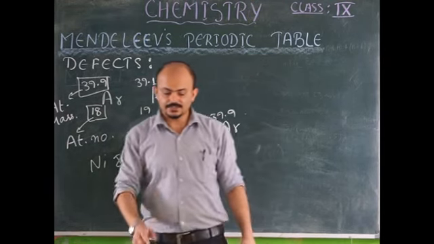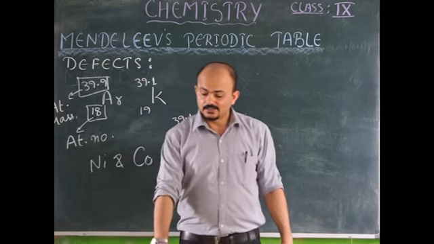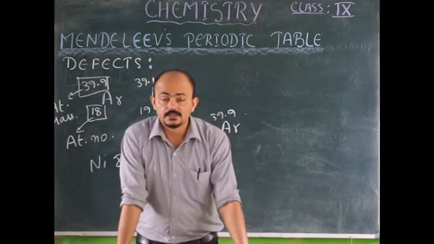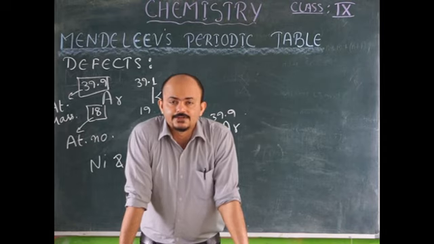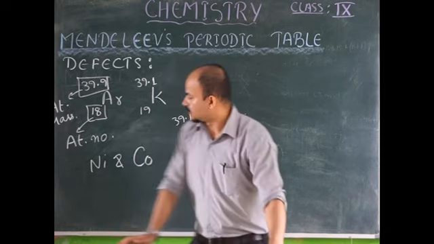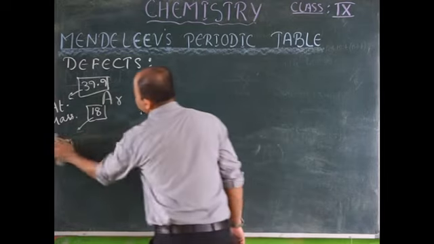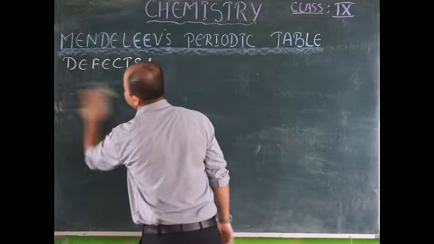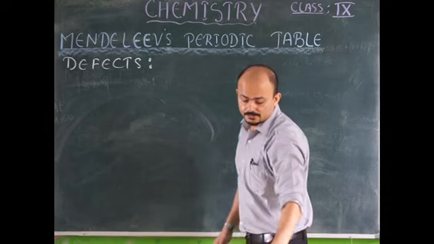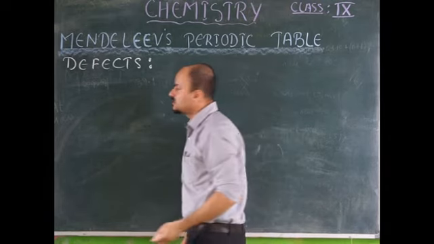So this is one of the defects, and the last is obviously the case of hydrogen. The last defect is that he could not specify the position of hydrogen.